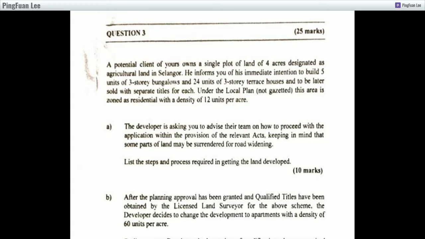Do you need to go until final title? Or do you stop at the CCC? I will stop at Form B lah.